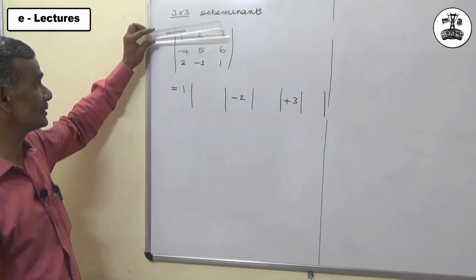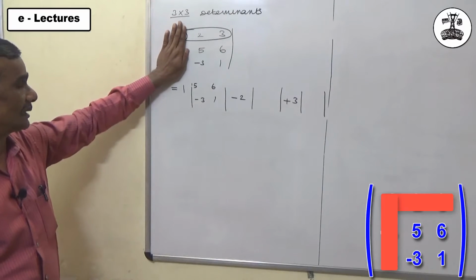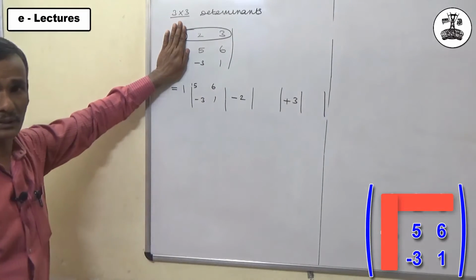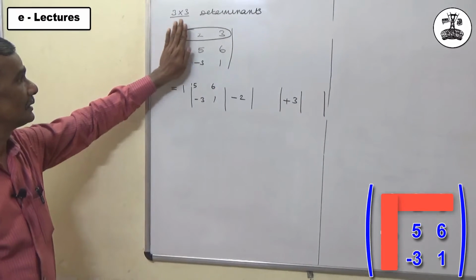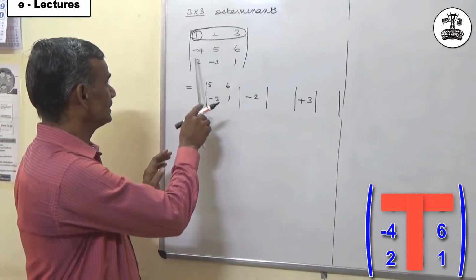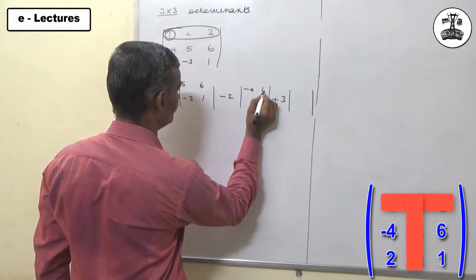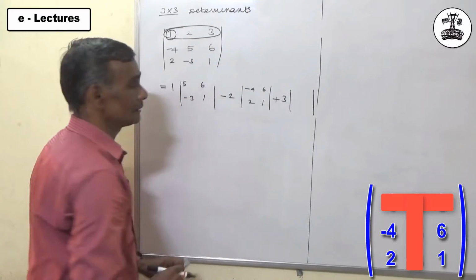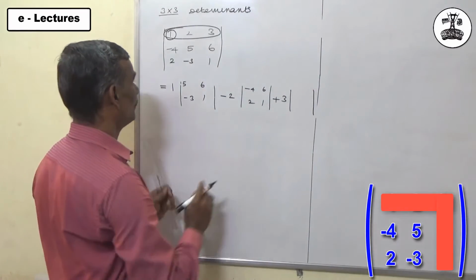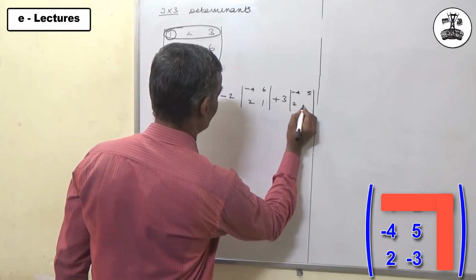Expanding along the first row, for the first element 1, cover its first column to get 5, 6, minus 3, 1. Then put a minus sign, cover the second column to get minus 4, 6, 2, 1. Plus 3 into minus 4, 5, 2, minus 3.